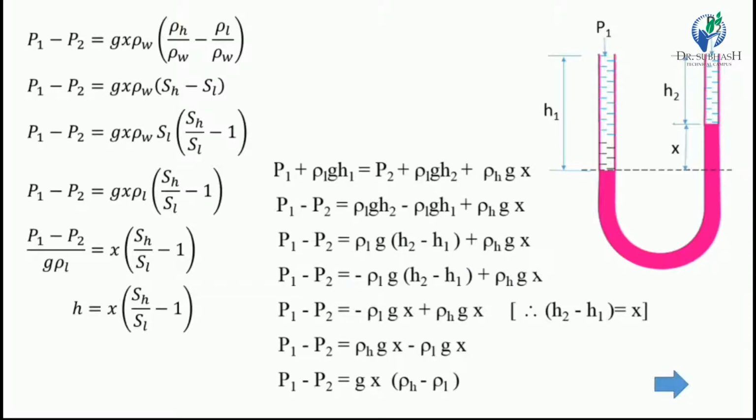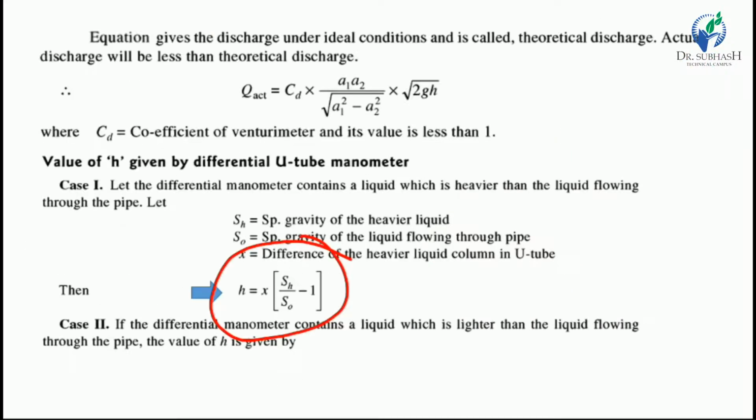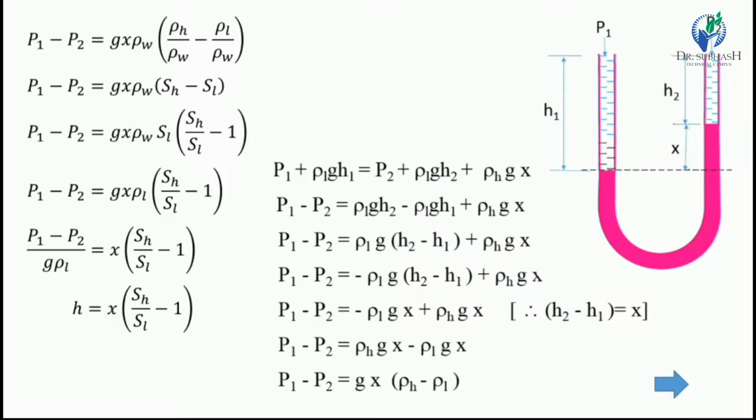Now multiply with the minus sign; the signs of H1 and H2 differ. So H1 minus H2 is defined as X, and we write X instead of H1 minus H2.